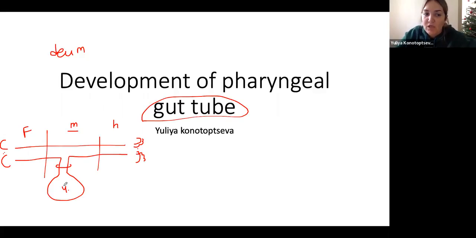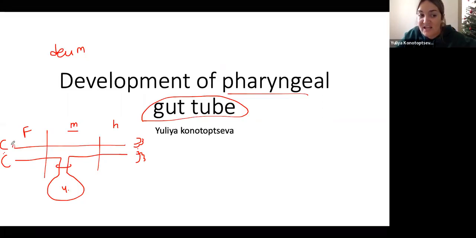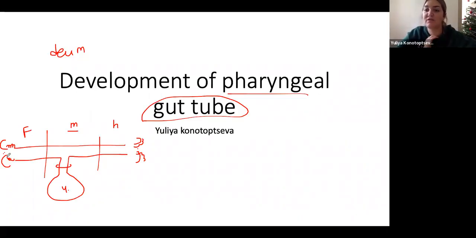Now, you should remember what the pharyngeal gut tube is. In a way, you can think about it as an extension of the foregut; this is known as the pharyngeal gut tube. If I have to show on myself, where does the foregut finish?